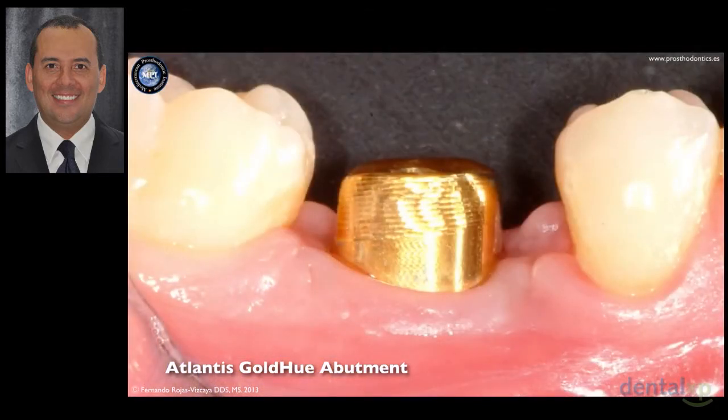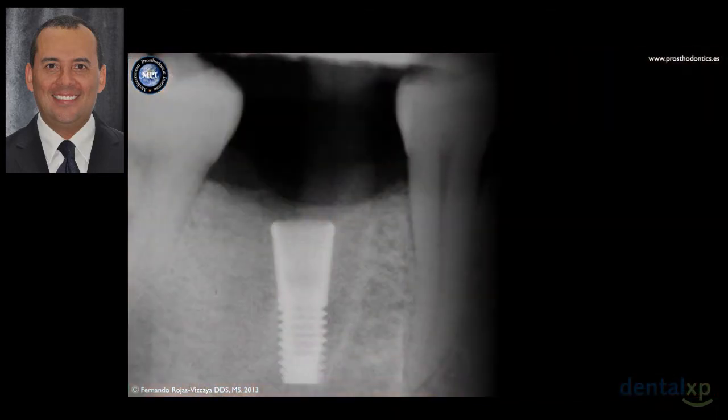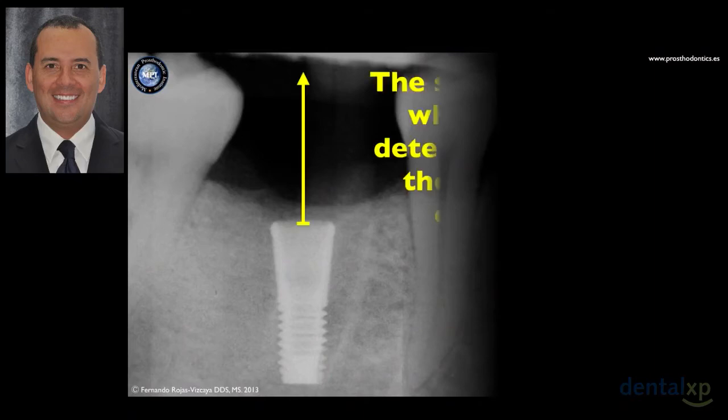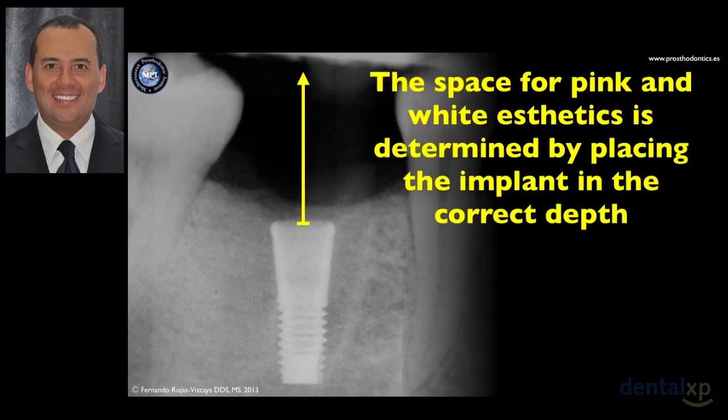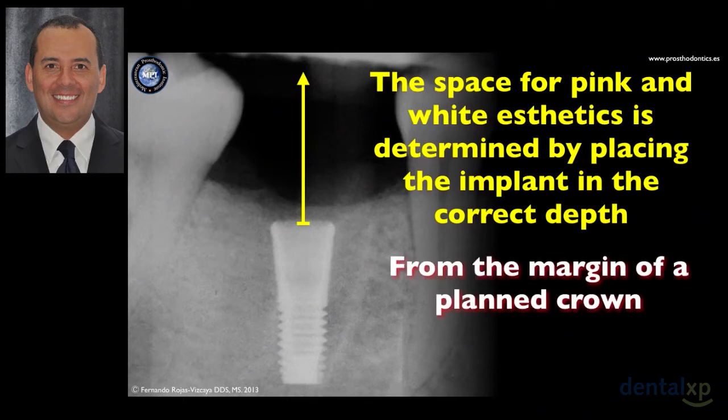You can see the abutment in position, and here you can see all the space for the pink and white aesthetic is determined and fixed when I place the implant in the correct depth from the margin of a planted crown.